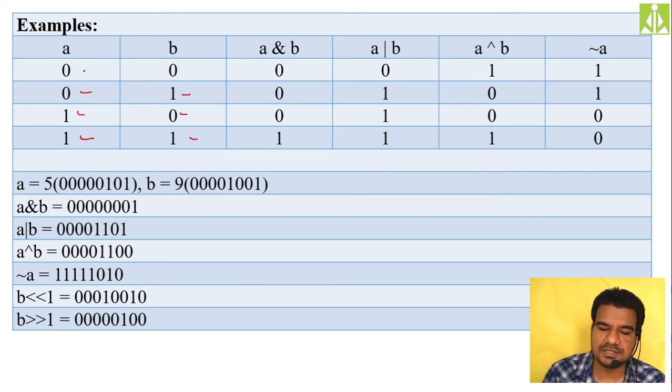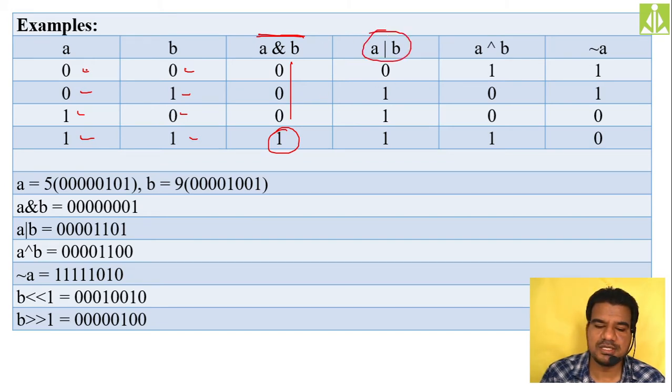Bitwise AND means when both the bits are 1, you will get 1. In all other cases, you will get zeros. Bitwise OR means when both the bits are zeros, you will get 0. In all other cases, you will get 1s. Bitwise XOR: if you have same bits, you will get 0. Here it is a mistake.